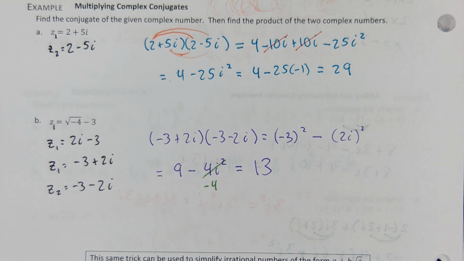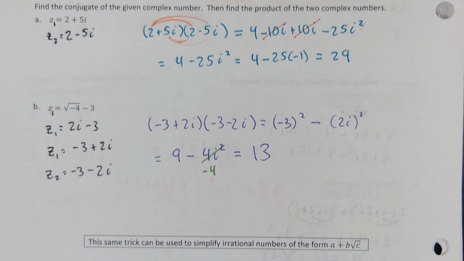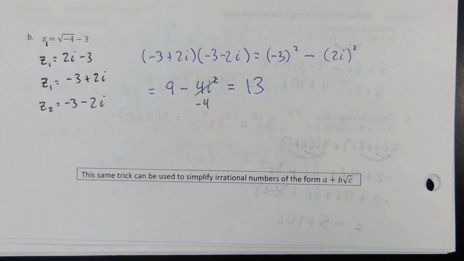Nine plus 4, yes. And that's how I got 13. And not only can we use complex conjugate products to get real numbers, we can also use this same conjugate trick to get rational numbers if we multiply irrational conjugates.